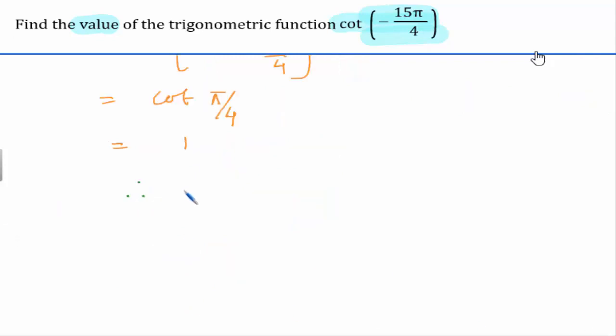Therefore, the value of cot minus 15 pi by 4 is equal to 1. This completes the solution.